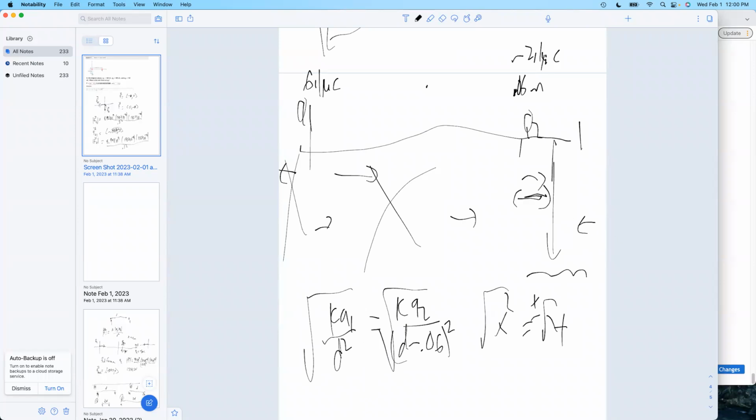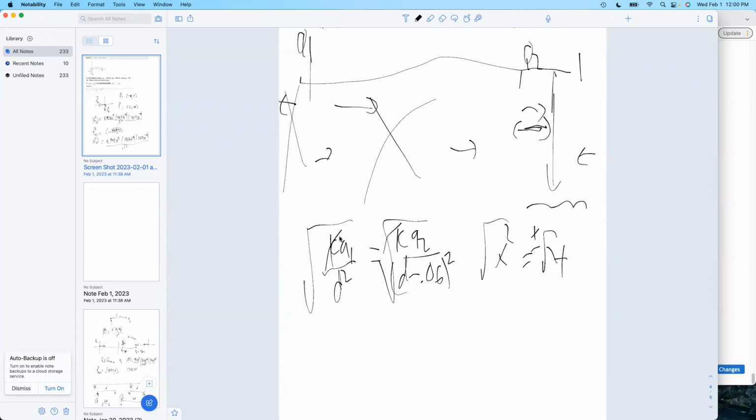And then that makes it a whole lot easier because the K's already canceled out. But now I can take the square root of D squared and just get D. And over here, square root of D minus 0.06 squared is just D minus 0.06. And now it's a linear equation. It's much easier to solve. Oh, I don't have to use quadratic formula. That makes it a lot easier.